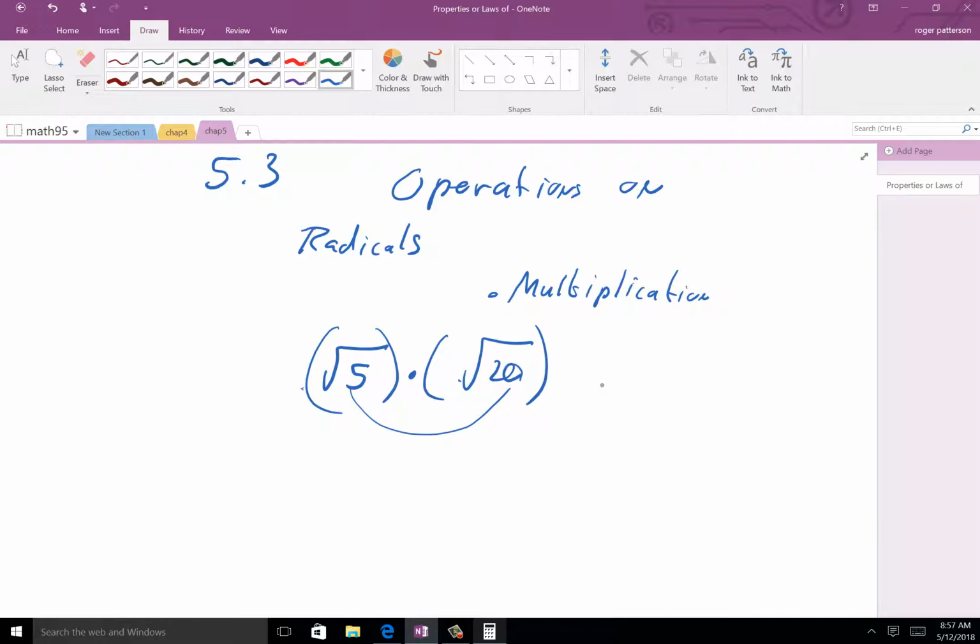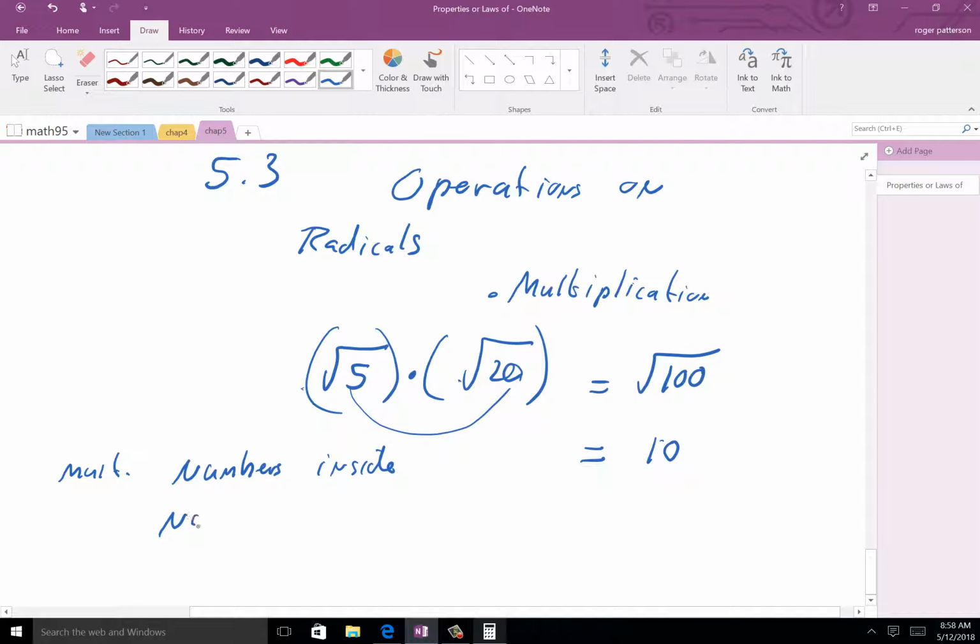So we're just going to multiply the numbers on the inside. That would give us 100. They would expect that you would know that the square root of 100 is a nice number. And that's it. So when you're multiplying radicals, we multiply the numbers inside the square root, numbers inside, numbers outside.